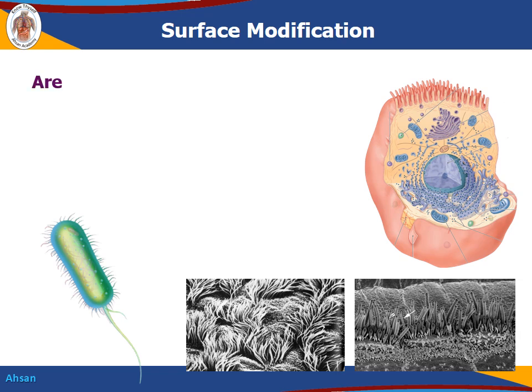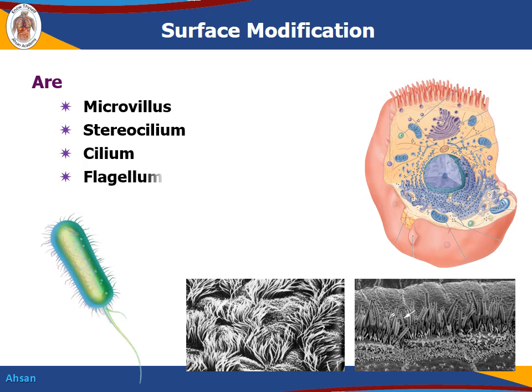Surface modifications may be microvillus, stereocilium, cilium, and flagellum. All are in singular number. The plural of microvillus is microvilli, stereocilium is stereocilia, cilium is cilia, and flagellum is flagella.